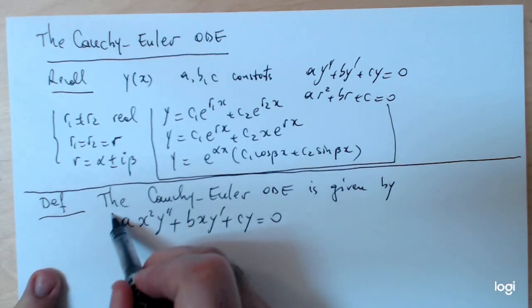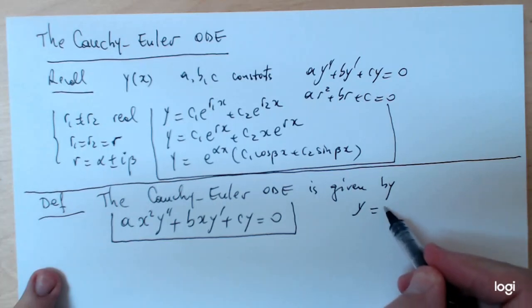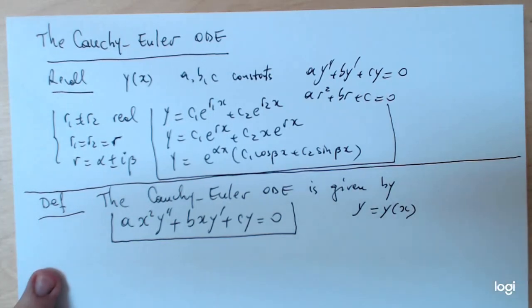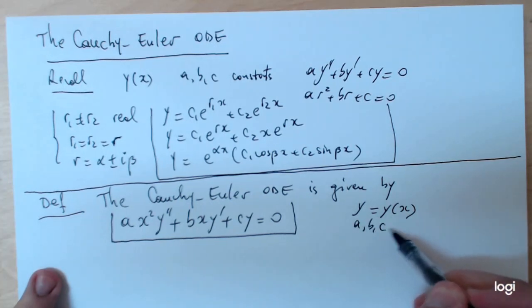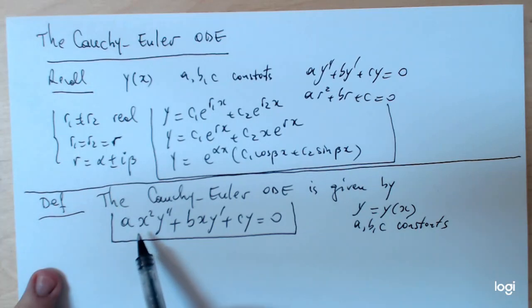Okay, so it's a more general ODE than the previous one, because now the coefficients of the dependent variable are not constant, right? So again, y still denotes a function of x. a, b, c are still constant coefficients, but then you have extra terms here that depend on x.